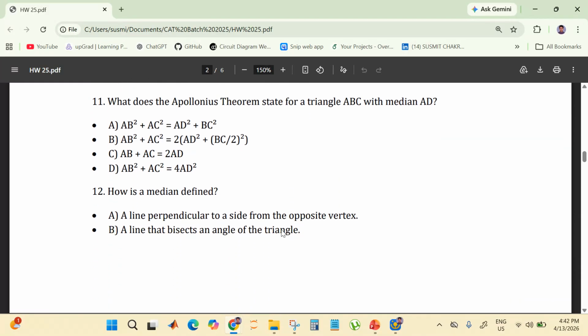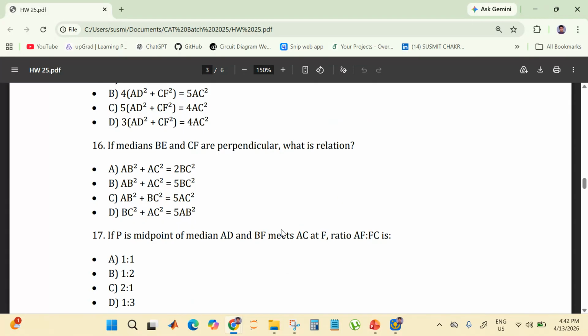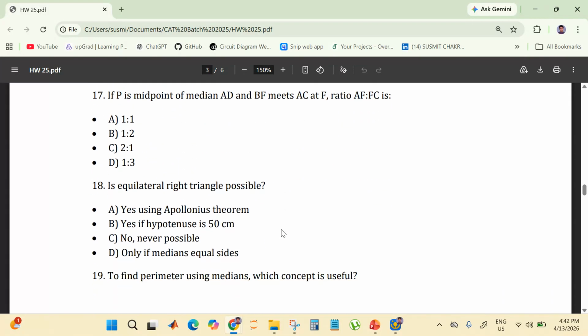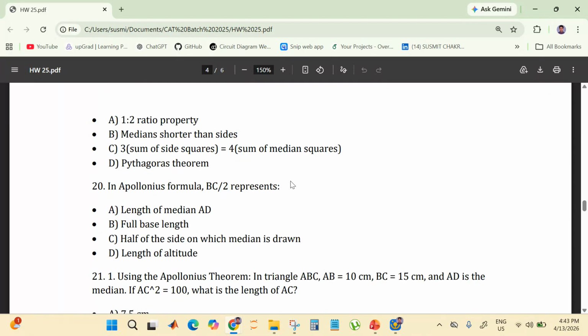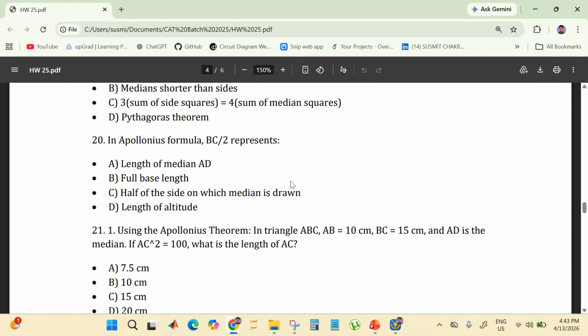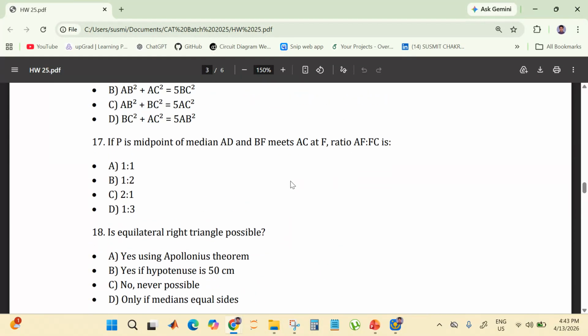I will not solve 11 to 16 and 17 or 18 also. 18 also is a theory-based question. 19 also has some theory. 20, yes, it is also theory. Actually, there is a certain question.